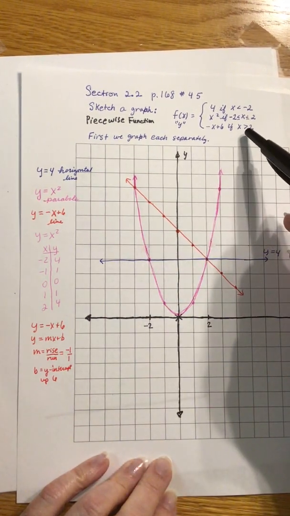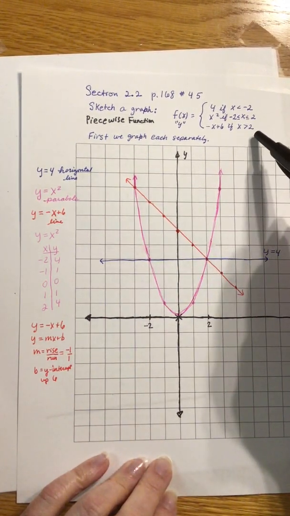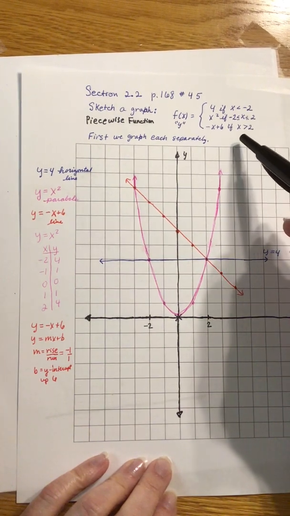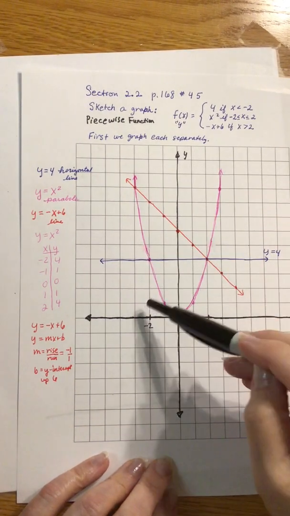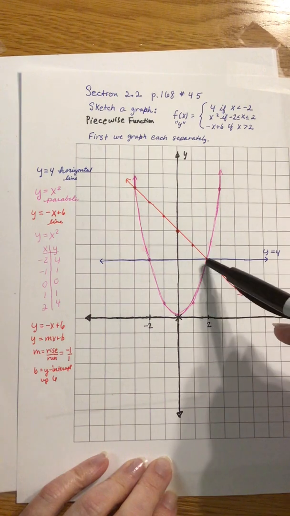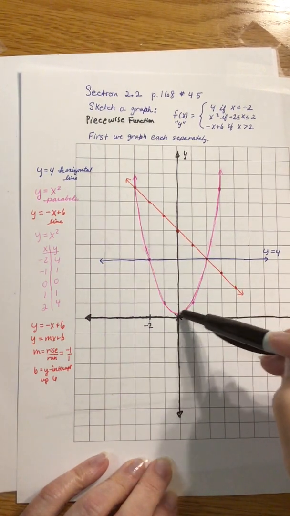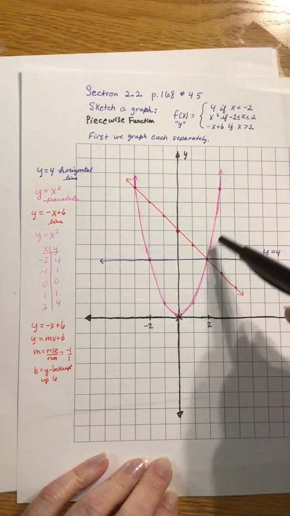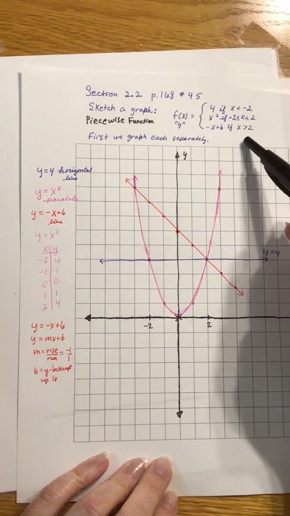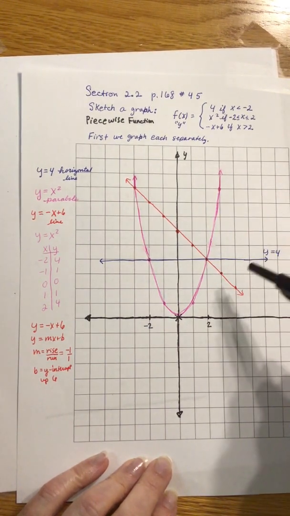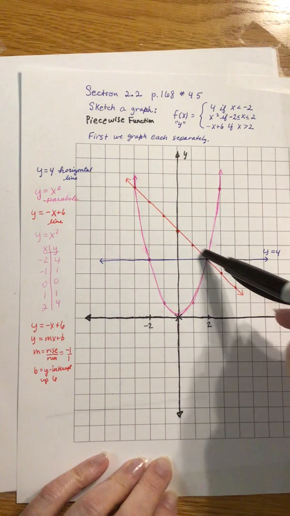Then it says if x is between negative 2 and 2, then we go with the x squared. So between negative 2 and 2, we're going to pick the parabola piece. And then the line, if x is greater than 2. So if x is greater than 2, then I'm picking the line.